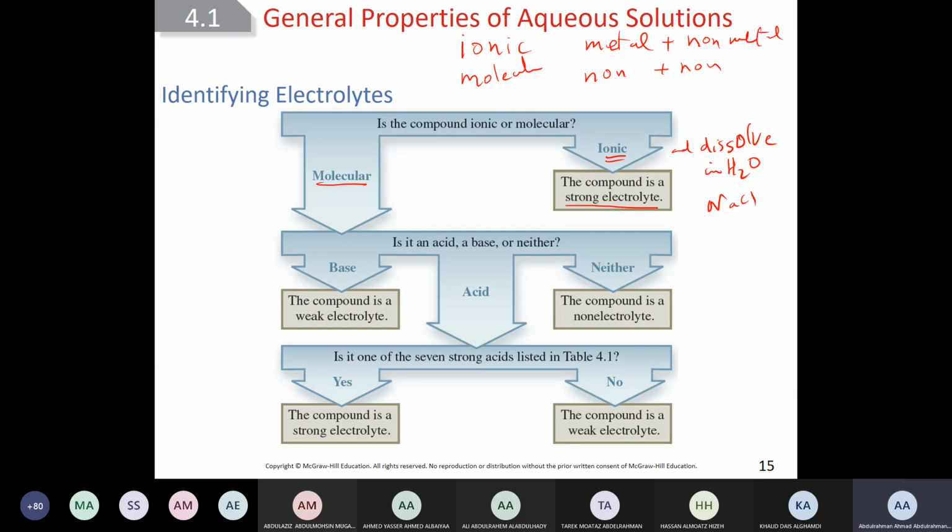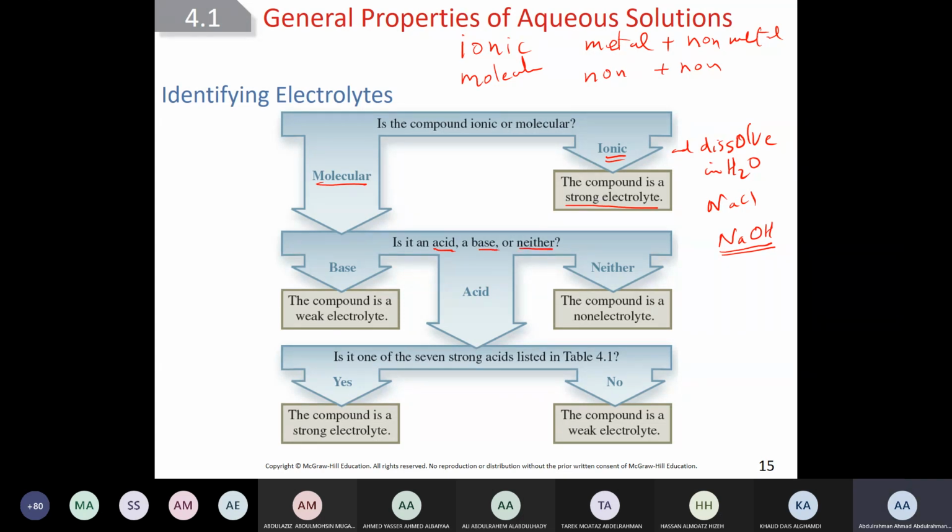Is this considered molecular? NaOH is a base. Is it ionic or molecular compound? Ionic. So we are not going to put it here. If it's molecular, ask yourself, is it acid or base or neither?